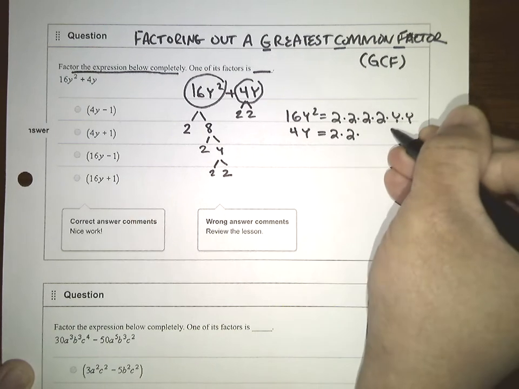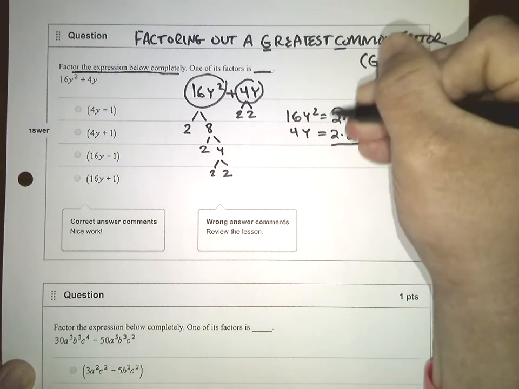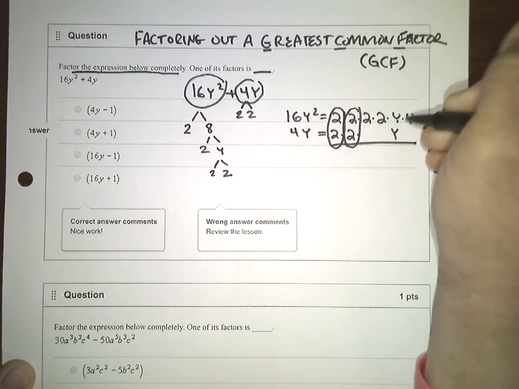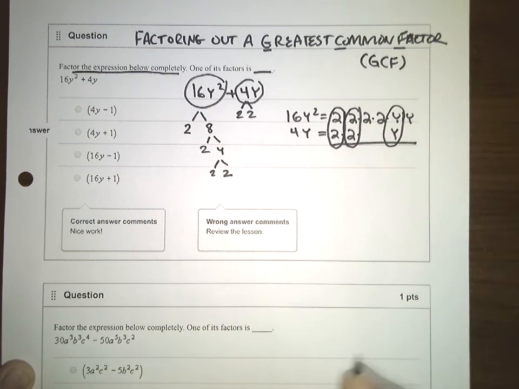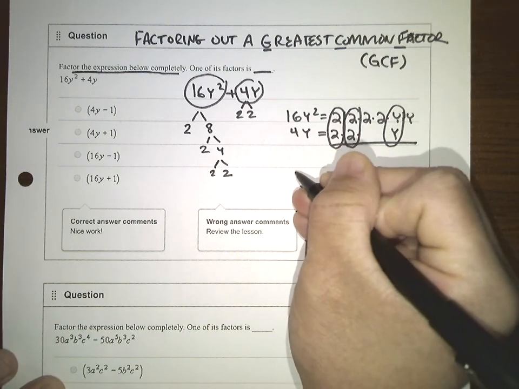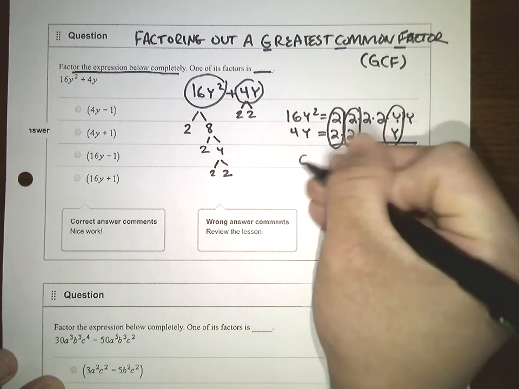I'm going to align the y above the y, just so we can see these both have a 2 as a factor in common, a 2 as a factor in common, and a y as a factor in common. So 2 times 2 times y is the GCF.